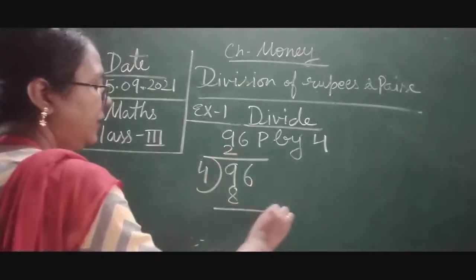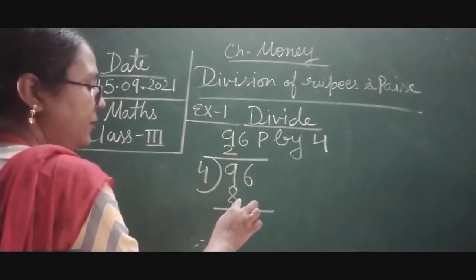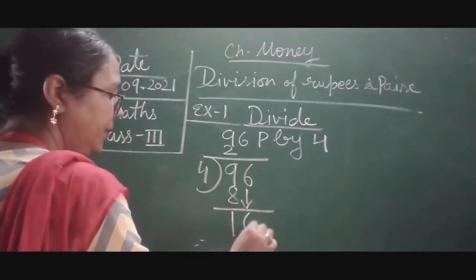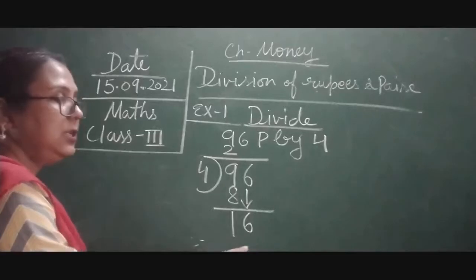Now we subtract 9 minus 8, we get 1, and this 6 is carried over, or you can say we drag down this 6 to make 16.